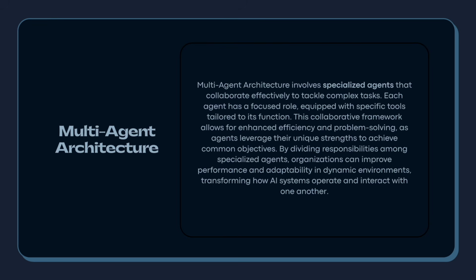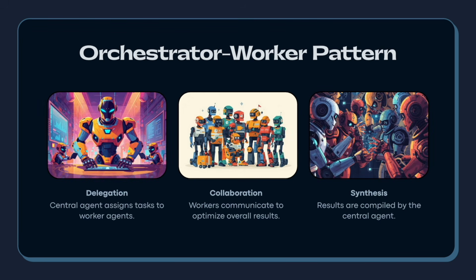So you are also choosing the brains on which these agents are going to run. You are not dependent on a single brain. This is what the main idea of multi-agent architecture is. Now let's walk through the main patterns on which multi-agent architecture actually works. The orchestrator-worker pattern is one of the most popular patterns that companies use nowadays.